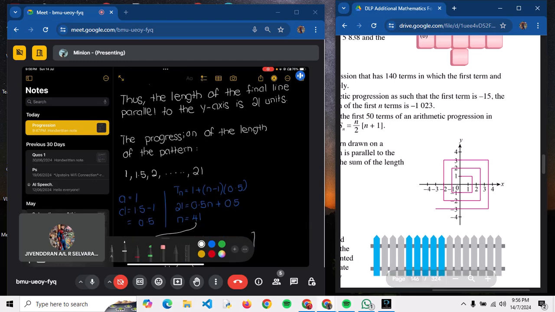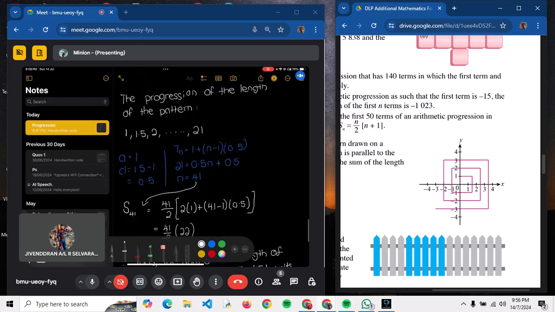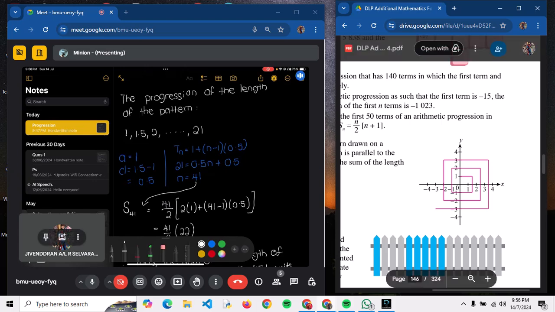Okay, so the progression of the length of the pattern will be 1, 1.5, then 2, then 2.5, and so on until 21. But since we know T11 is 21, we just substitute inside the Tn formula. So A is equal to 1, and the common difference is 1.5 minus 1, which is 0.5.